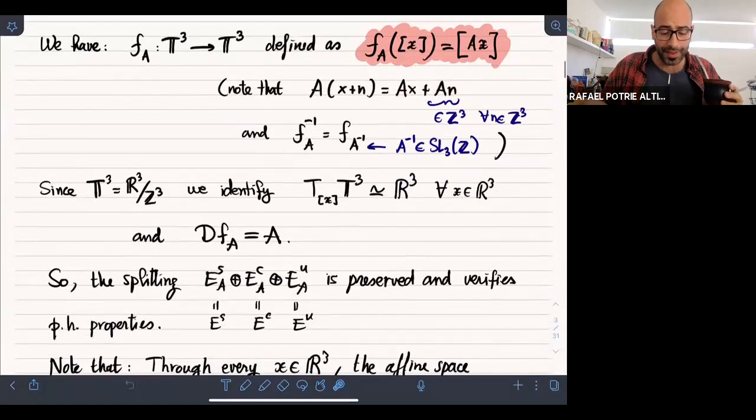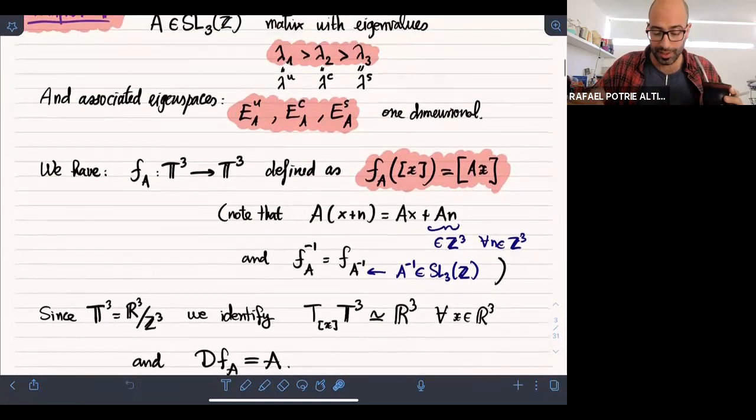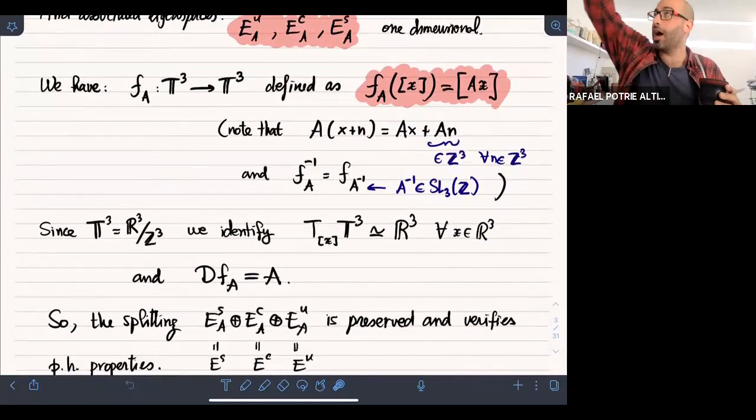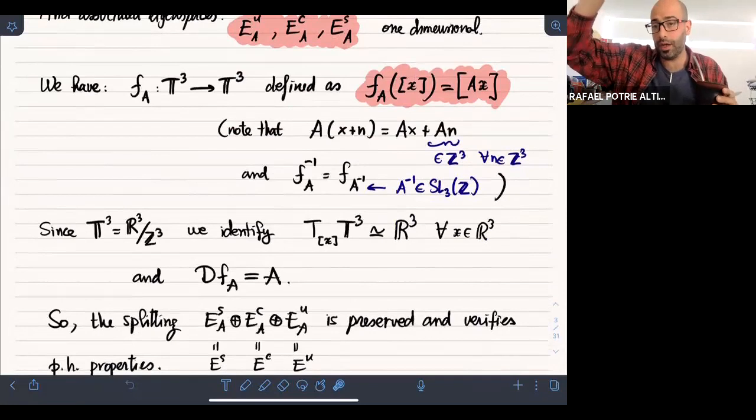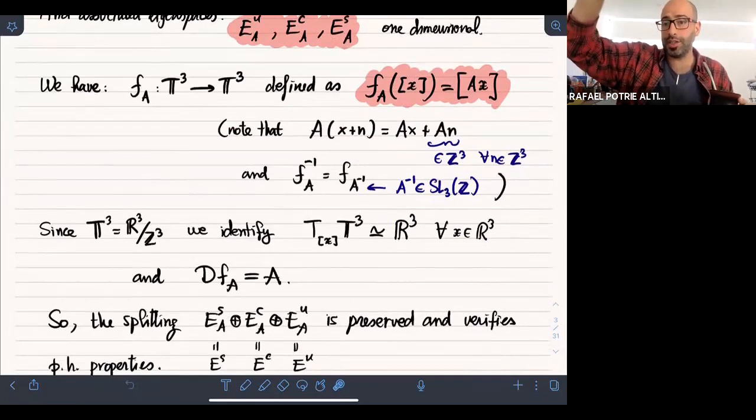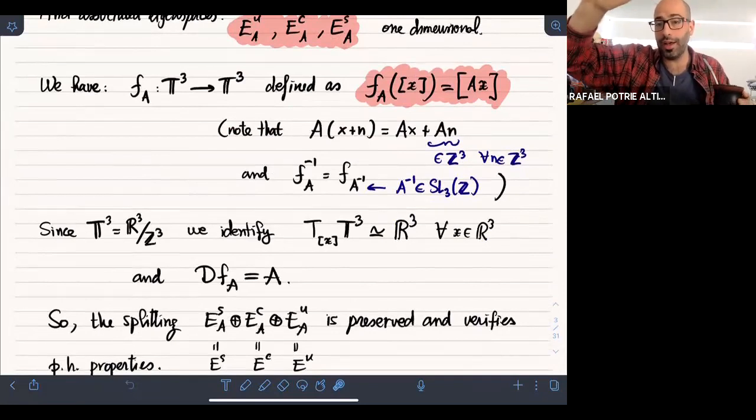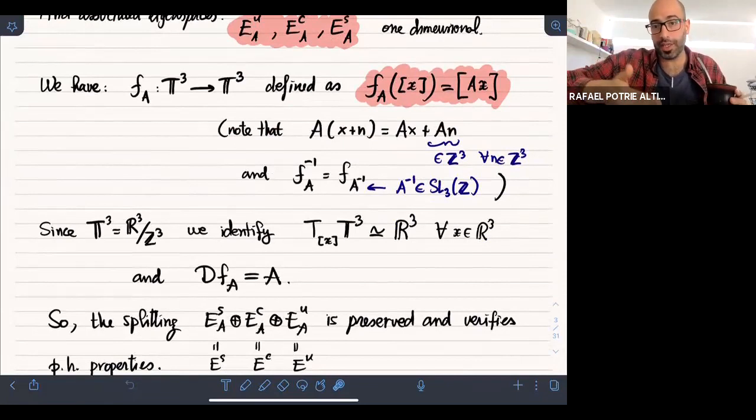So we identify the tangent space of the torus with R3 at every point. The point X comes from R3 as a projection, and its tangent space is canonically identified with the same R3 where it lives, and this identification is equivariant.